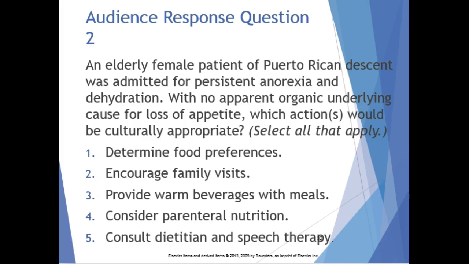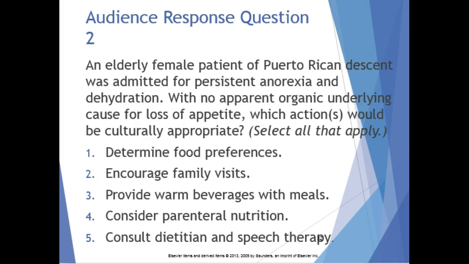Number 2, an elderly female patient of Puerto Rican descent was admitted for persistent anorexia and dehydration, with no apparent organic underlying cause for loss of appetite. Which actions would be culturally appropriate? Select all that apply. Determine food preferences.